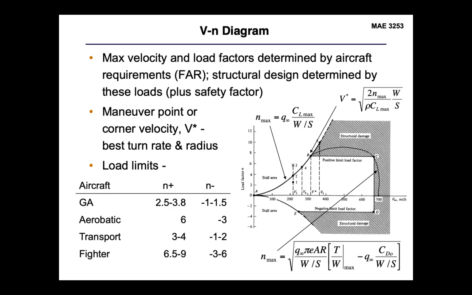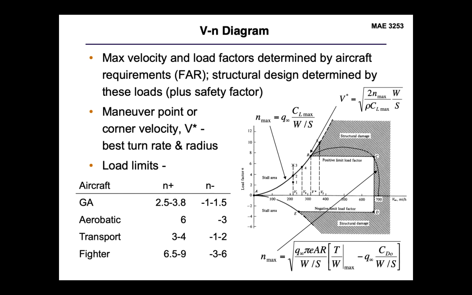Now, there will be requirements for our Venn diagram that are going to typically be dictated by the specific mission that we have. For civilian aircraft, these are going to be given by the Federal Aviation Regulations, or FARs. So based upon the category or class of aircraft that we have, as well as different points along that Venn diagram.